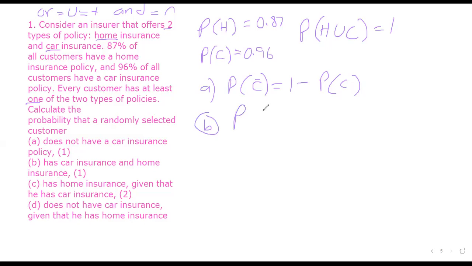It's the intersection, C intersection H, right? So here, when we subtract 1 minus 0.96, what do we get? 0.04, correct.